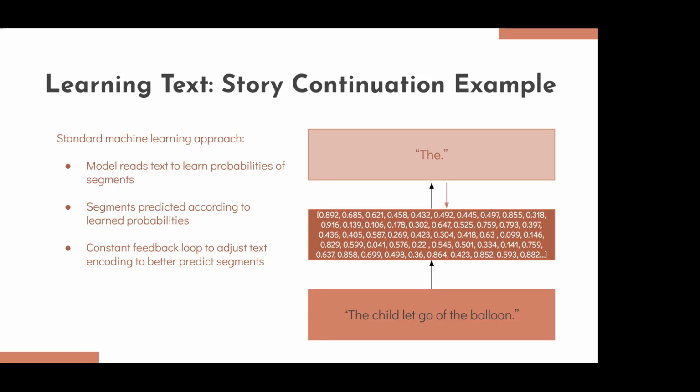So that's what this feedback loop is. It gets that feedback to bring this closer to what it's actually seeing in the text, and then you get closer. Every time with this feedback loop, your encoding gets updated, your parameters that produce all those numbers, in order to make a prediction that looks more like something you would see in an actual story.